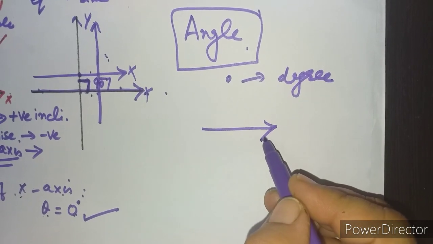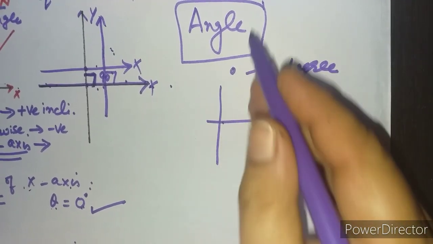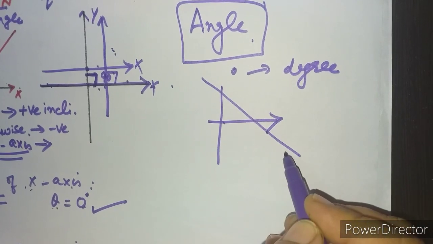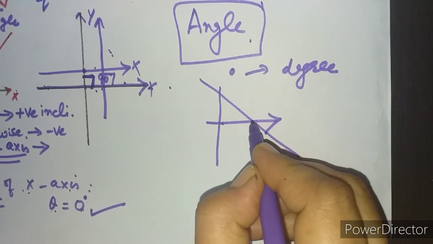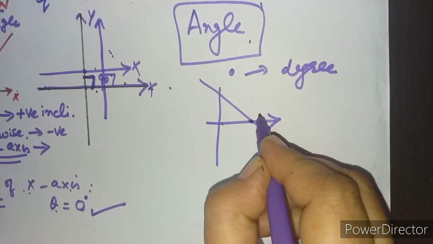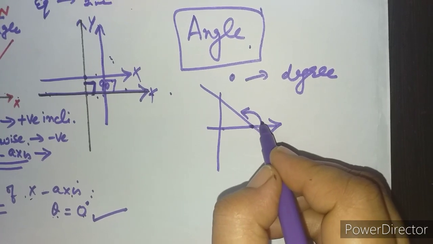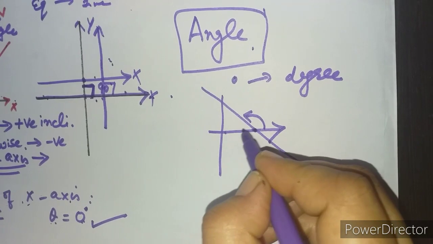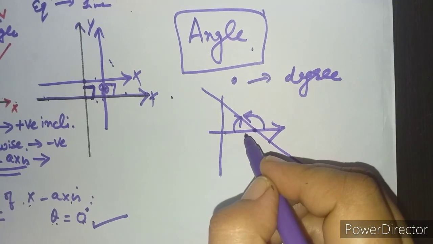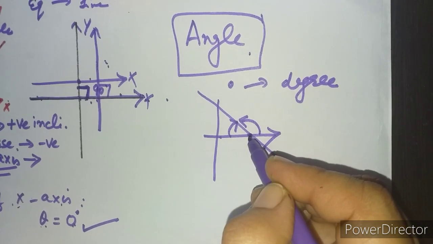Which part of the line do we see? The part which is above the x-axis. Suppose I draw this line now: above the x-axis the portion starts from here, so I will measure the angle like this. You can measure it this way also. It will be positive inclination because you measure the same angle anti-clockwise. From here it becomes the negative inclination. So this was all about inclination.